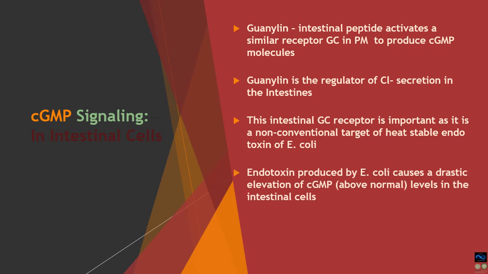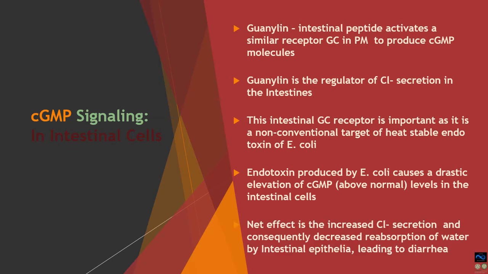This endotoxin produced by the E. coli causes a drastic elevation of the cGMP whenever there is a pathogenic infection. This results in higher levels of cGMP than normal, and the net effect is increased chloride secretion and consequently decreased absorption of water.